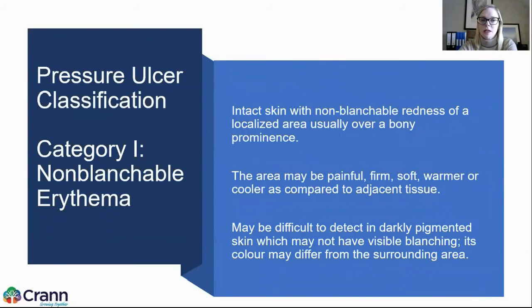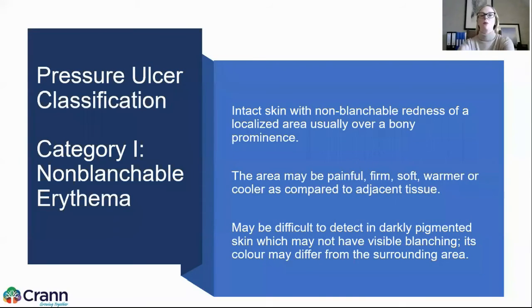The first stage is non-blanching erythema. There's a lot of writing here, probably too much for people to take in. But the whole thing with non-blanching erythema is that there's an area of redness over a bony prominence, and the redness doesn't go away. There might be pain there. It might be firm. It could be soft and a boggy sensation.